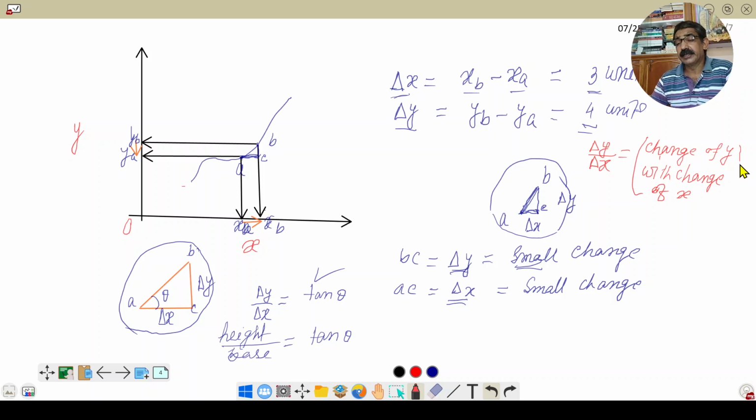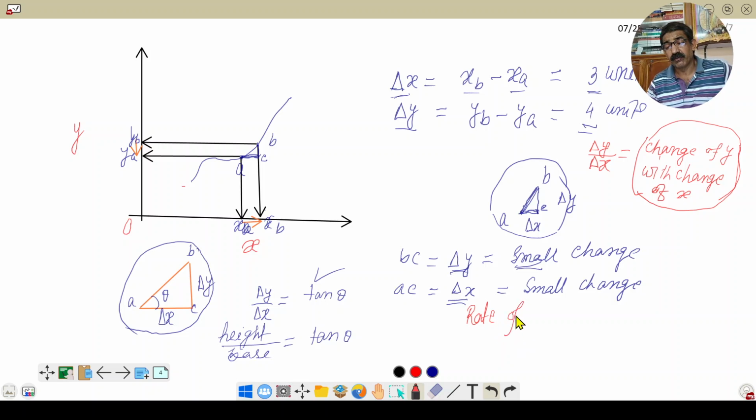This particular sentence has a special name in mathematics. This is called rate of change of y with respect to x.